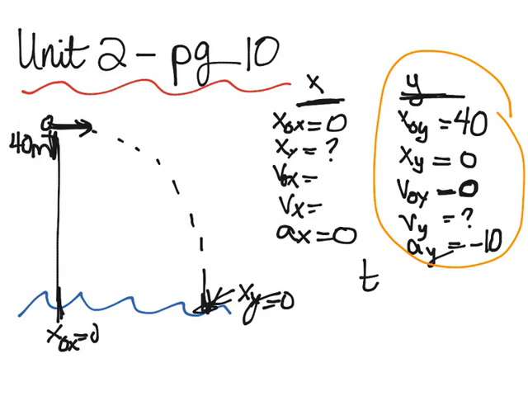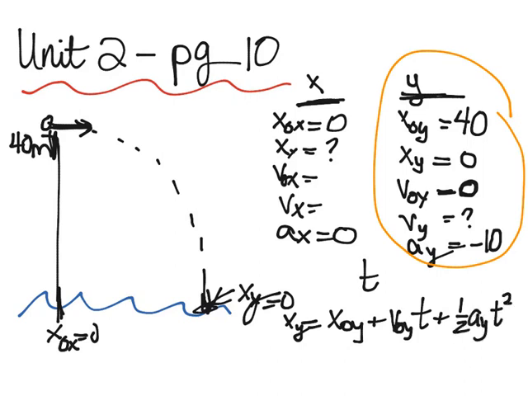Okay, we can use our first equation. So I'm going to use xy equals x naught y plus v naught y t plus 1/2 ay t squared. Then we fill things in.